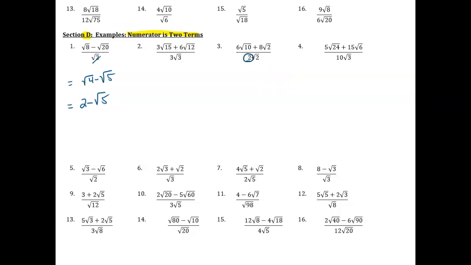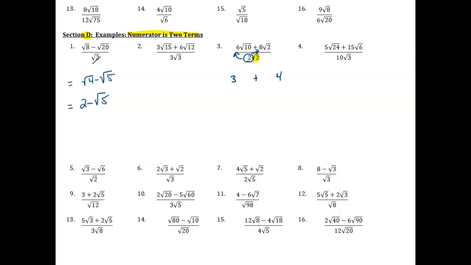So can this 2 divide into both coefficients up in the top? And it can. 6 divided by 2 is 3. 8 divided by 2 is 4. Let's put a plus sign here. Now you have the root 2 here. Can that divide into 10? And it has to go into both.